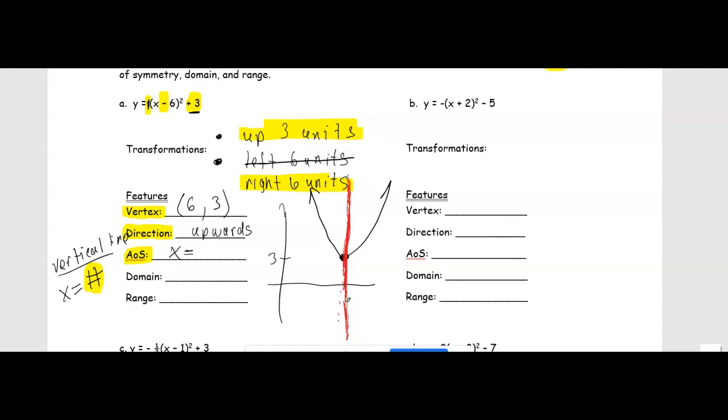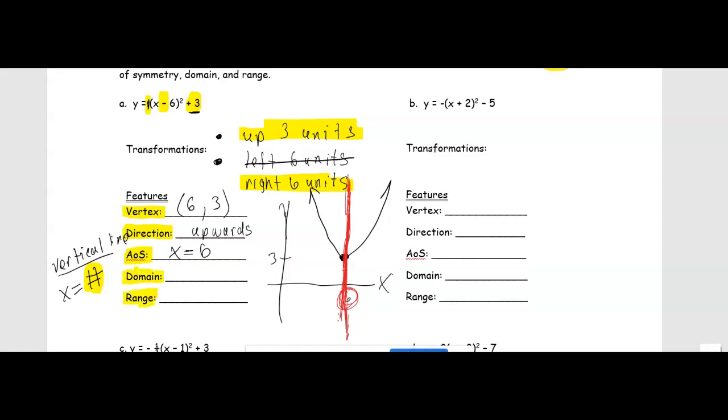Here is our y-axis. Here is our x-axis. So if I draw in the vertical line that cuts this parabola directly in half, aren't we passing through the x value of 6? So the equation of this vertical line would have to be x equals 6. So when I ask for the axis of symmetry, it's the equation of that line.